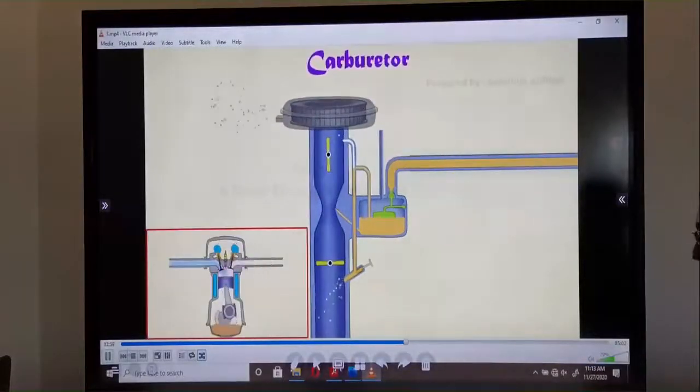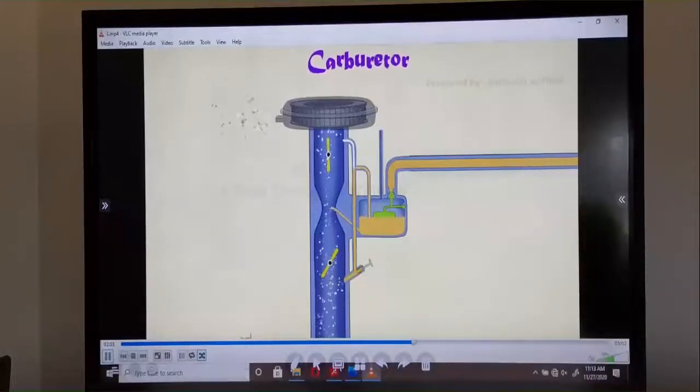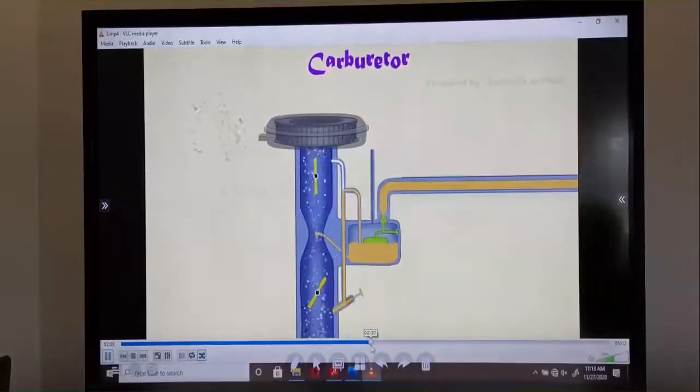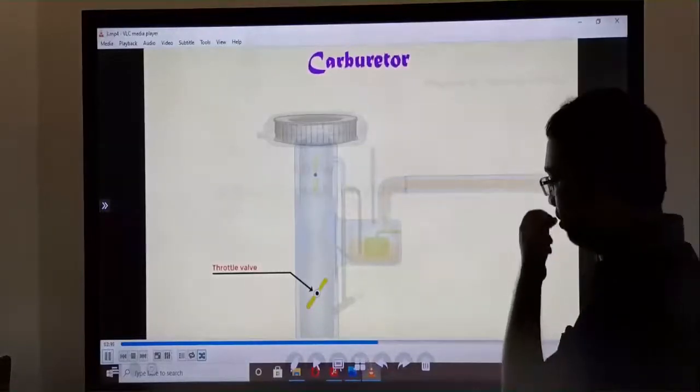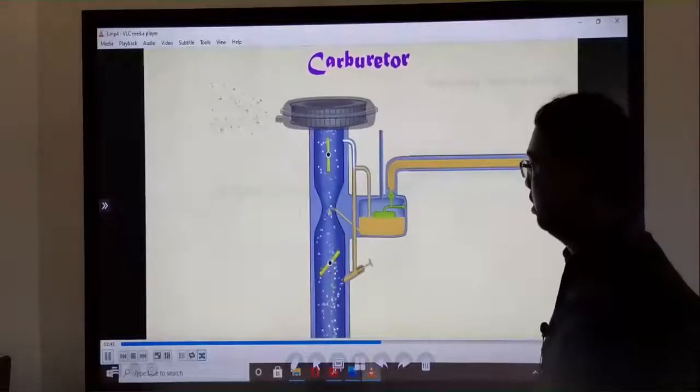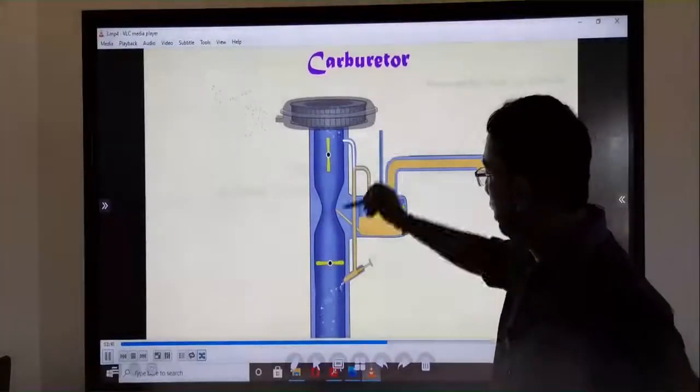Now you can see, this is the idle condition. So this is fully closed.